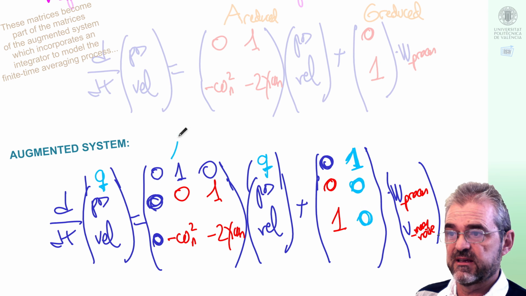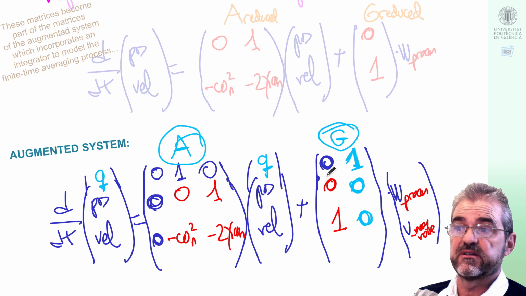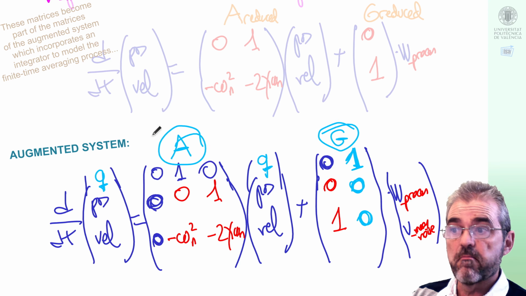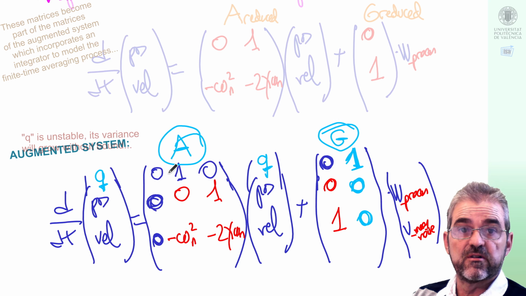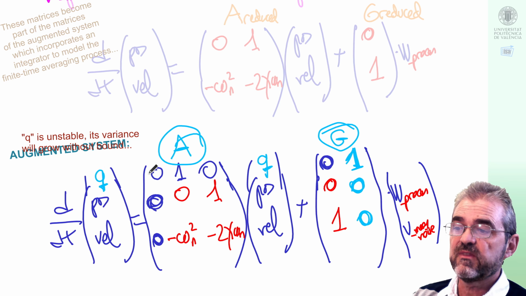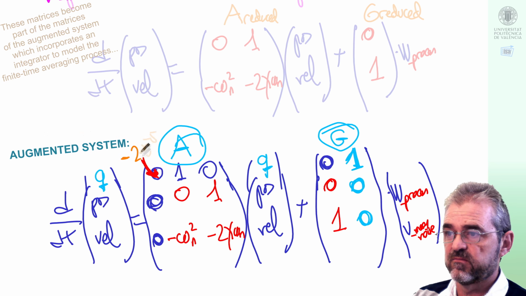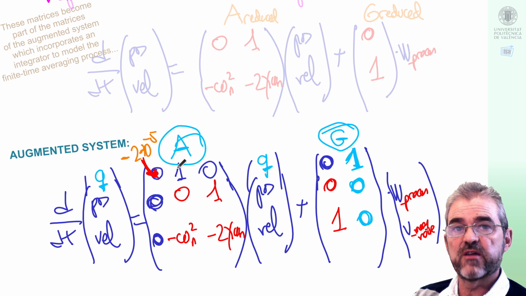So this will be the big A and the big G matrices that I will need to type into MATLAB. But also for numerical reasons, in order to get a finite variance of the integrator state Q, because as it's written now, this is an unstable system, so its variance will tend to infinity, I will substitute this 0 by some very small pole, -2 times 10 to the -5.